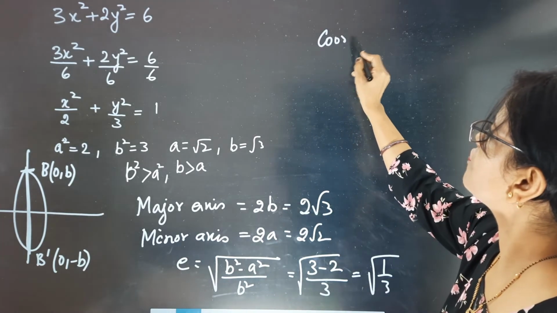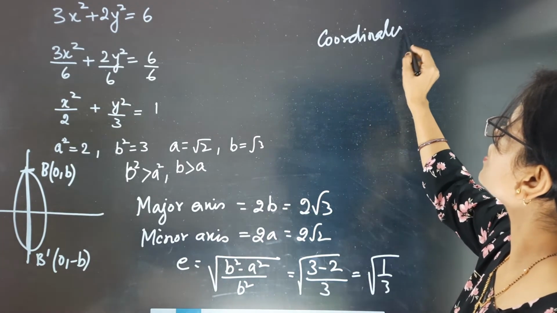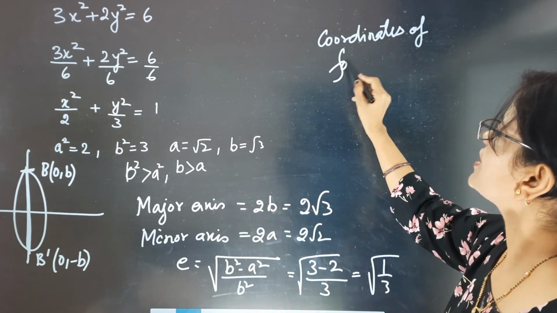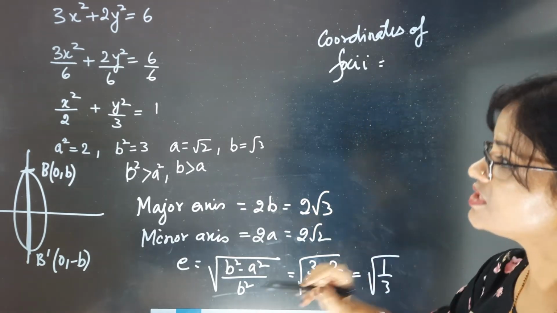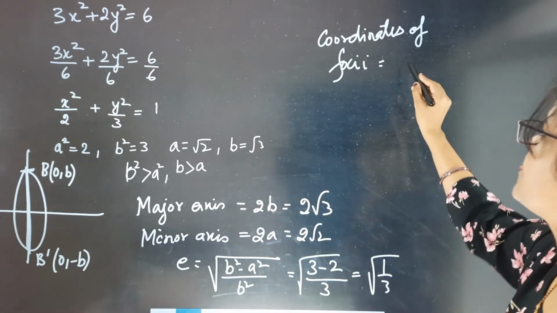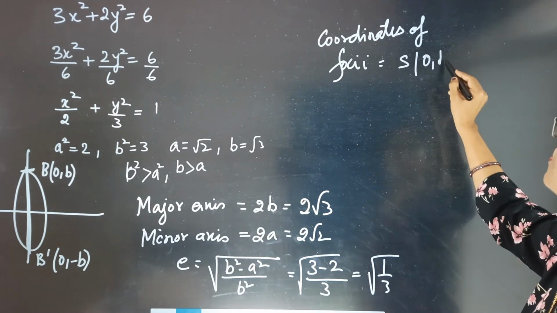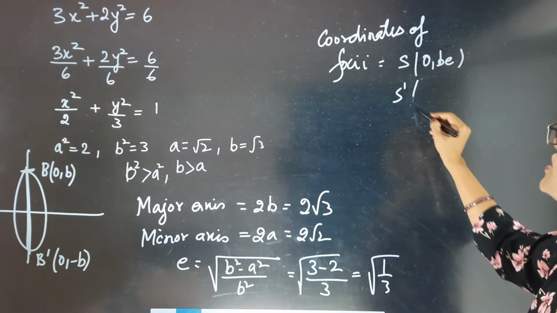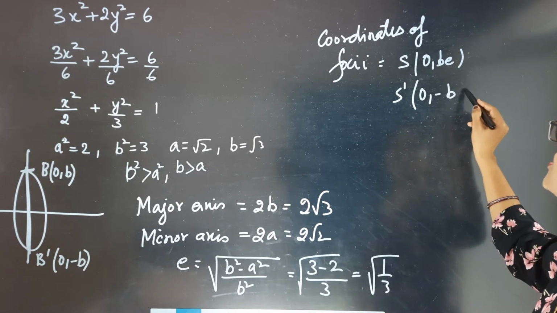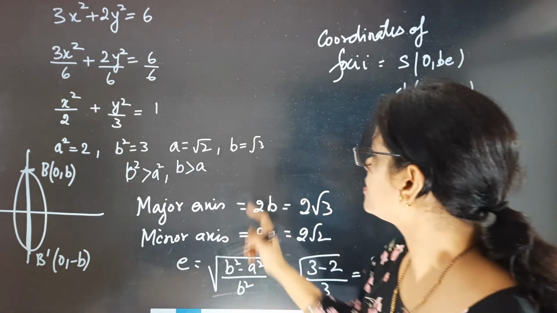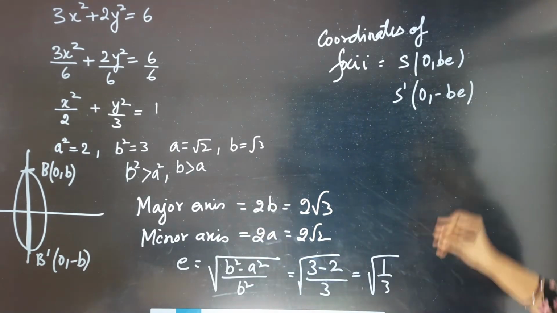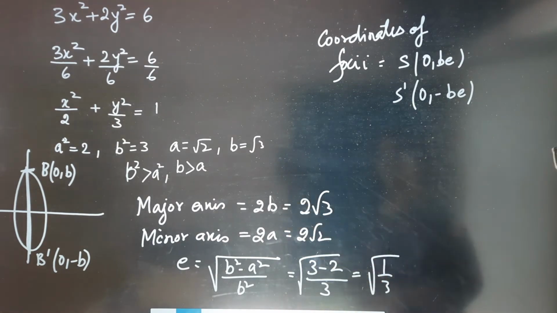So the coordinates of foci will be just opposite now. Be very specific here. It will come as (0, be) and (0, -be). Now b is root 3 and e is 1 by root 3.